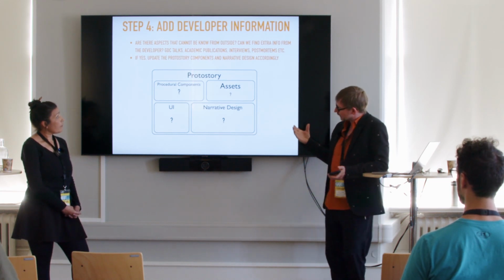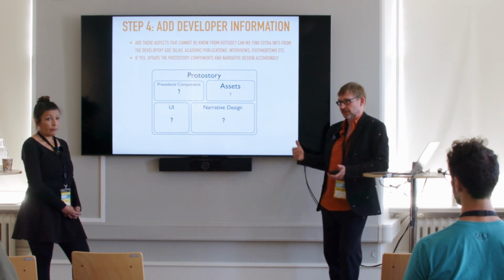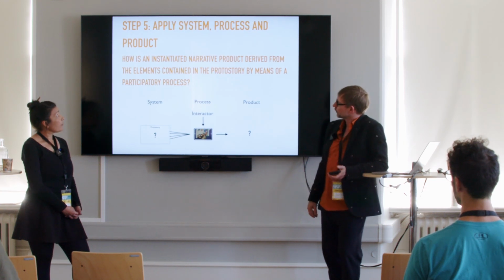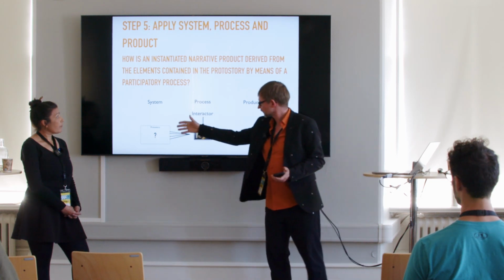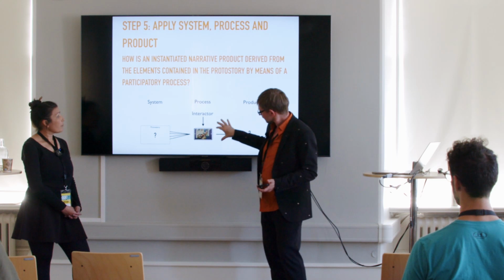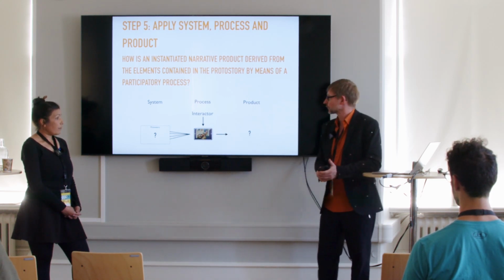If available, of course, you also use web scraping and other additional developer information you can add to that. And then finally you look at how, from the system, process, product perspective, this proto-story comes together in the process and what kind of product is created.